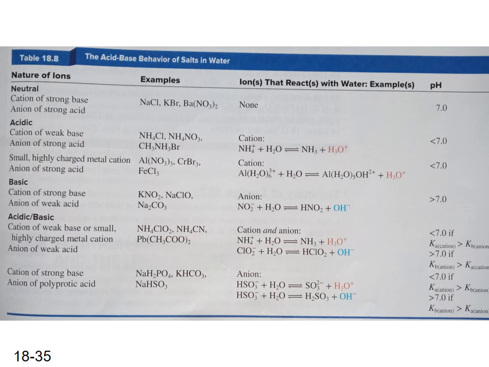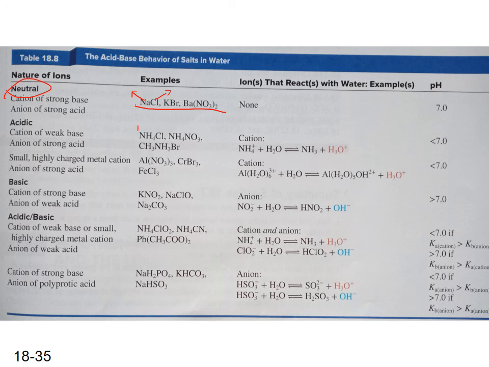Here we show some examples of salts and their acid-base behavior. For this salt, the cation comes from a strong base and the anion from a strong acid. So these solutions are neutral. Neither the cations nor the anions react with water.